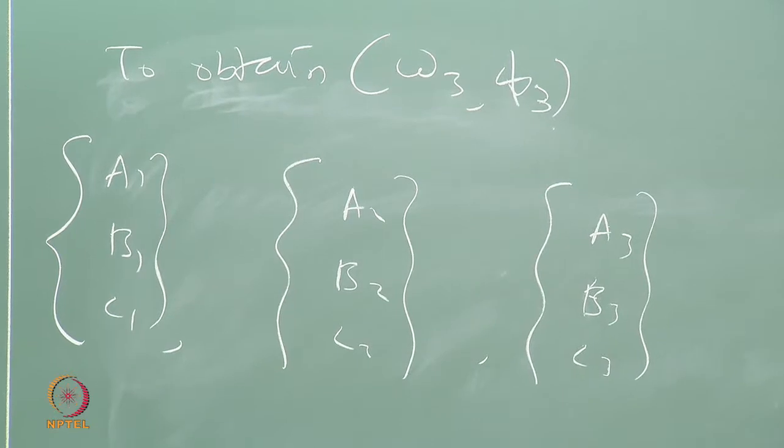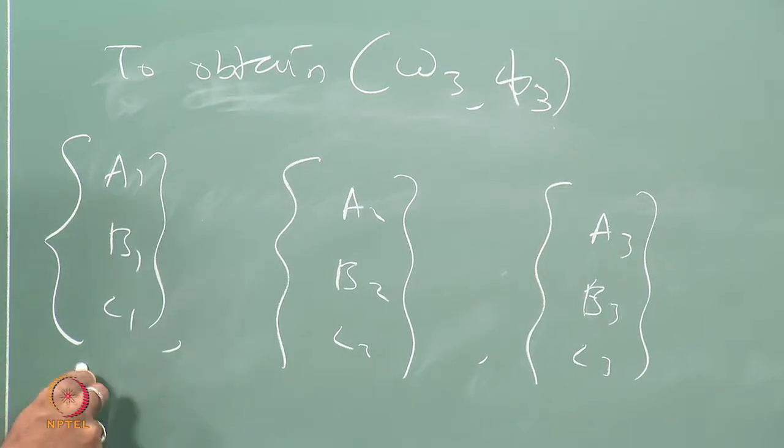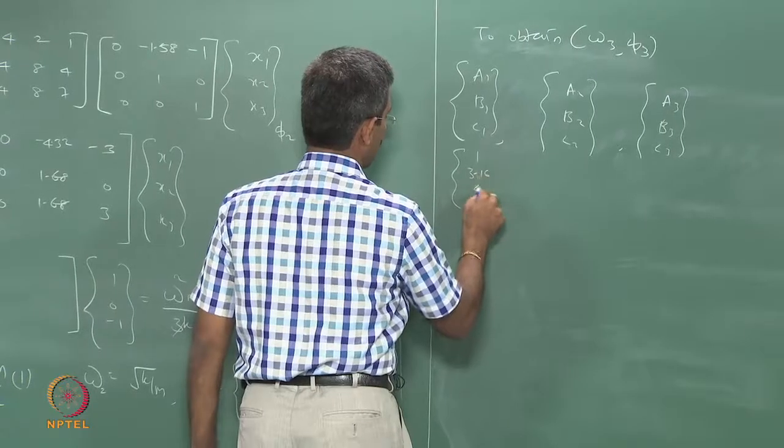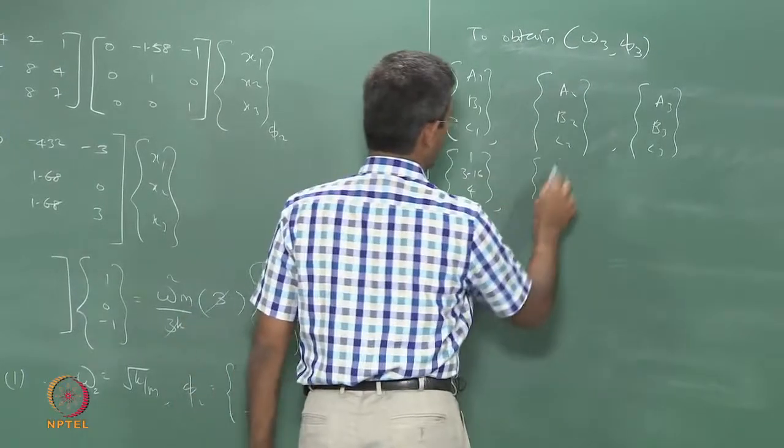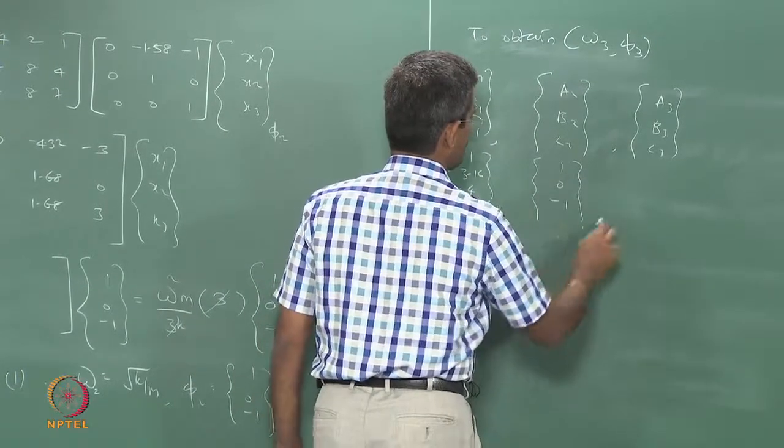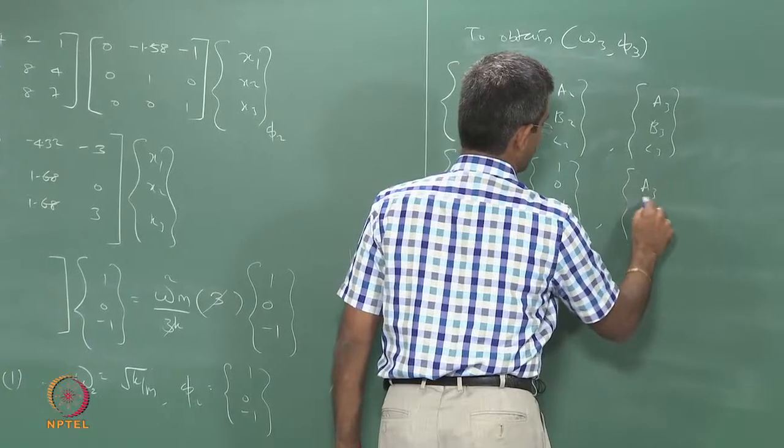Okay. So, this vector we already know, 1, 3.164, 1. This vector also we know. This vector we do not know.